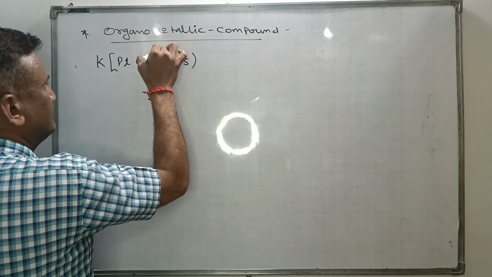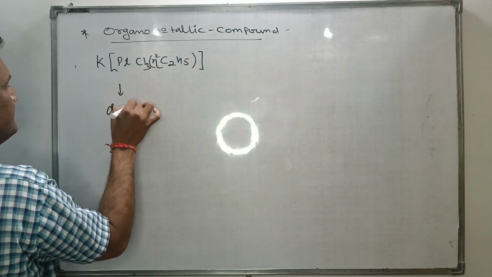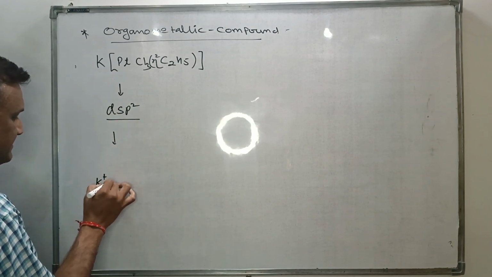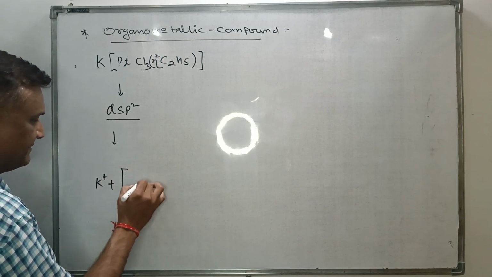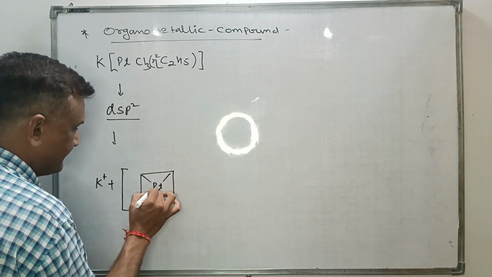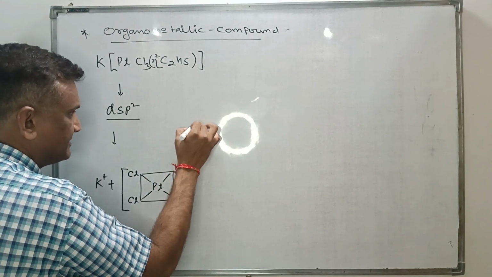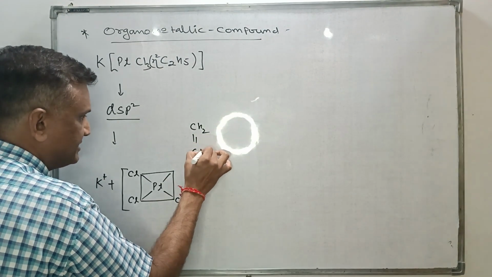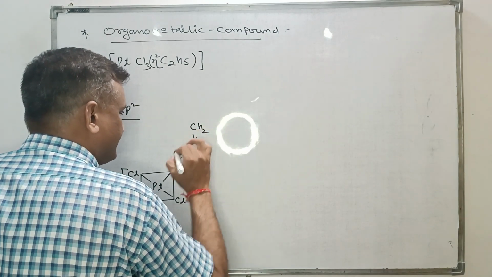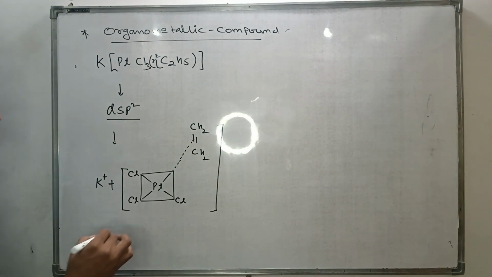The hybridization will be dsp2 and the geometry will be square planar: K plus, the bracket, Pt with Cl, Cl, Cl and CH2=CH2, C2H4, attached with a pi bond. That's why it is called a pi bonded complex compound. This is Zeise's salt.